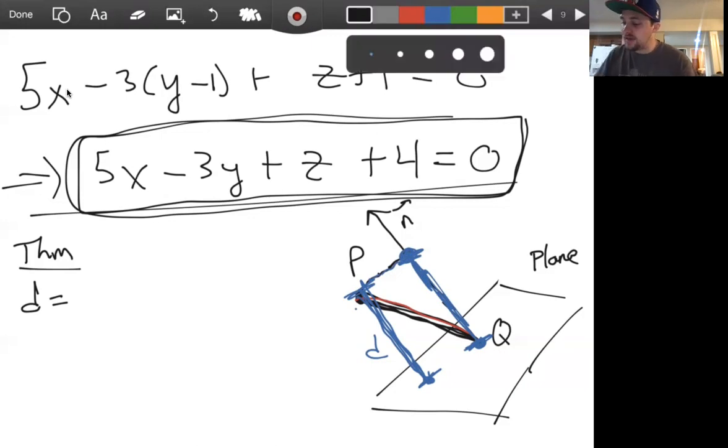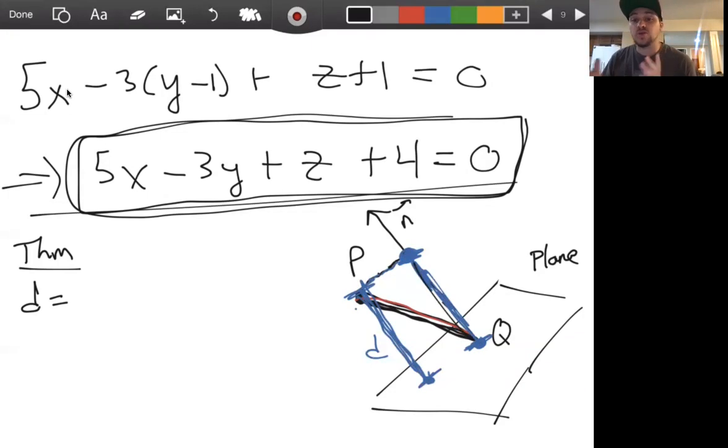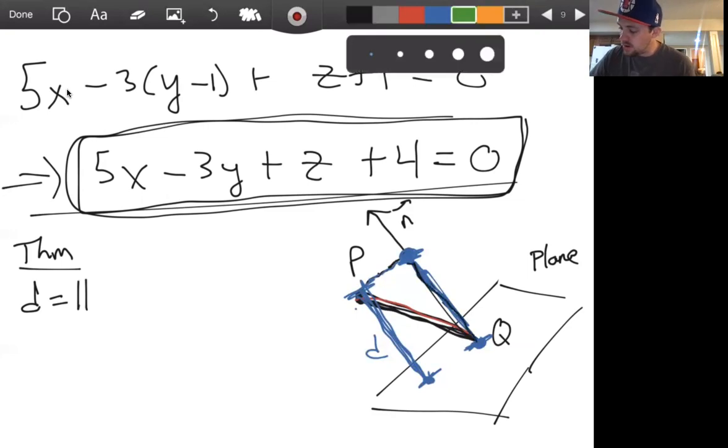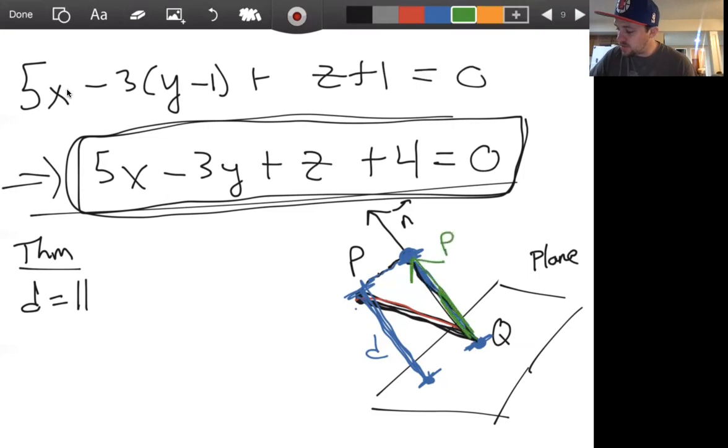And that's exactly what this distance is. This is the magnitude of the projection vector. So this distance, so again, maybe I'll draw it in green here. With base point Q, this is the projection of the vector PQ onto the normal vector, right?